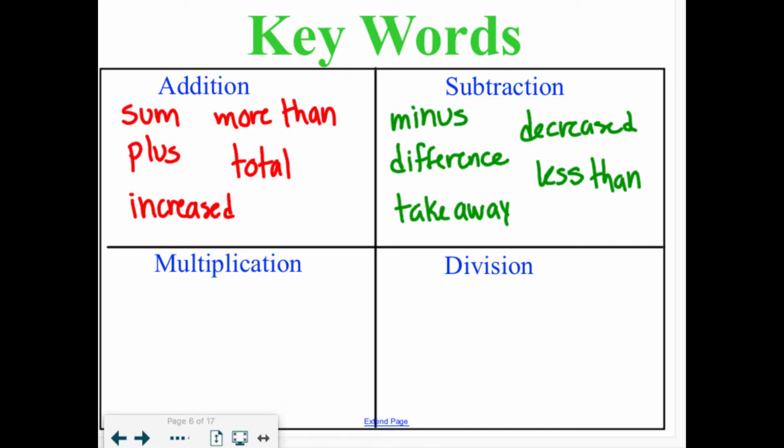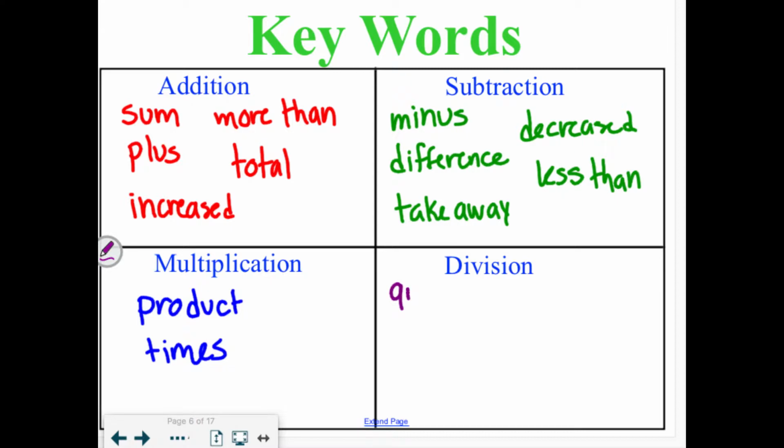Multiplication, one key word that we need to remember is product. Another one would be times. Multiplication doesn't have quite as many as the other ones. You'll see that on the poster in my classroom as well, but those are the two big ones that we need to cover.